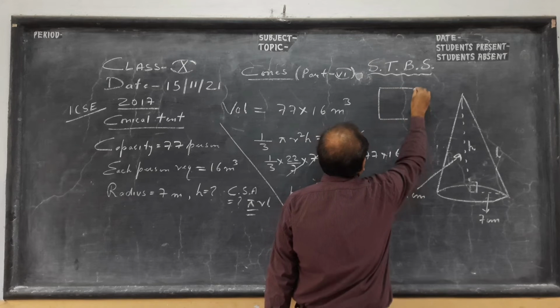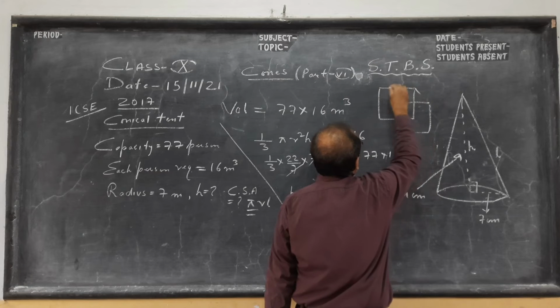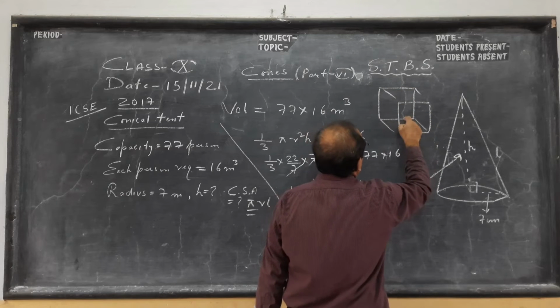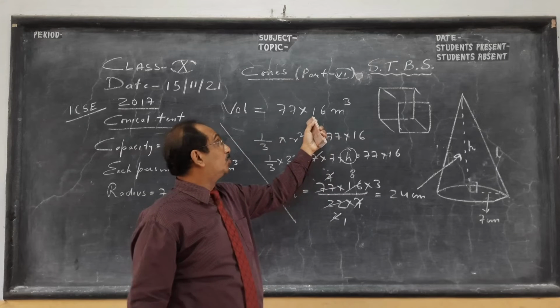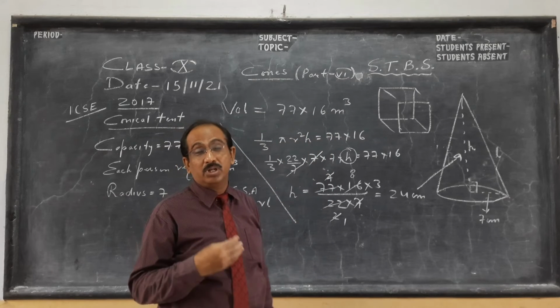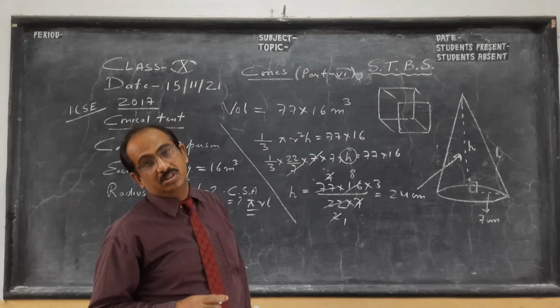This is to make you understand the concept of density. He said this much air 1 person requires. 16 such cubes should be there for 1 person to breathe properly, to get enough oxygen in a closed space.